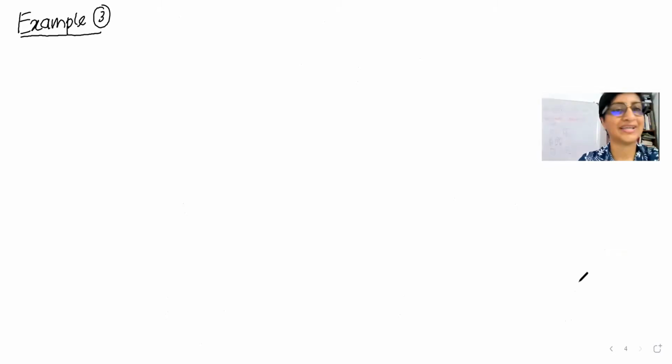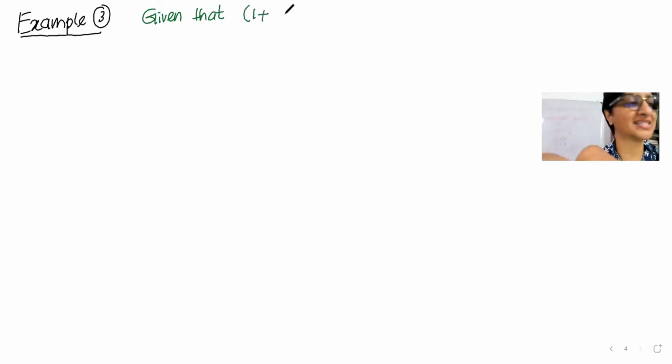Example 3. Given that 1 plus 2i, I'm putting a bracket just to keep it together, okay?